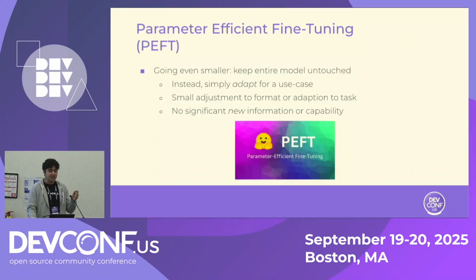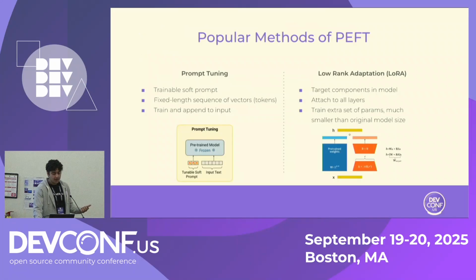These slight adaptations or adjustments to your task, assuming the model already has all the information it needs to perform your task well, this is the goal for parameter-efficient fine-tuning. So, a couple of popular methods. The first and most simple parameter-efficient method is prompt tuning. So what we're doing is we're adding a trainable soft prompt, which means a fixed length sequence of vectors, or you can consider tokens, that we're going to append to any given input.